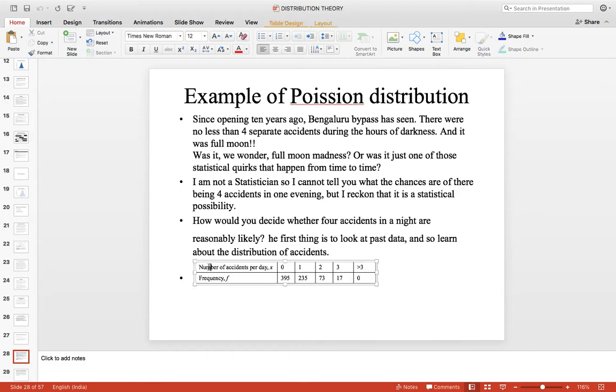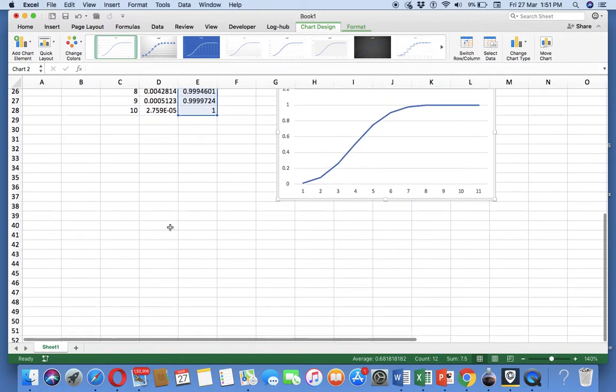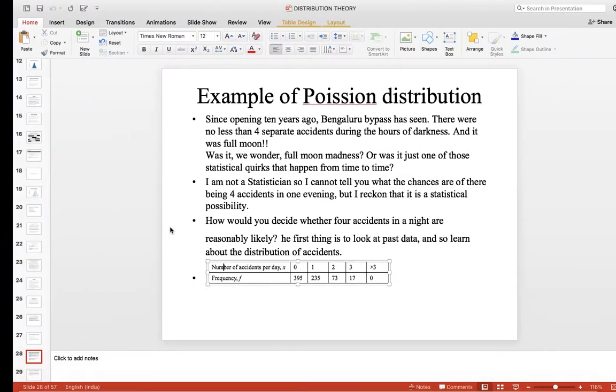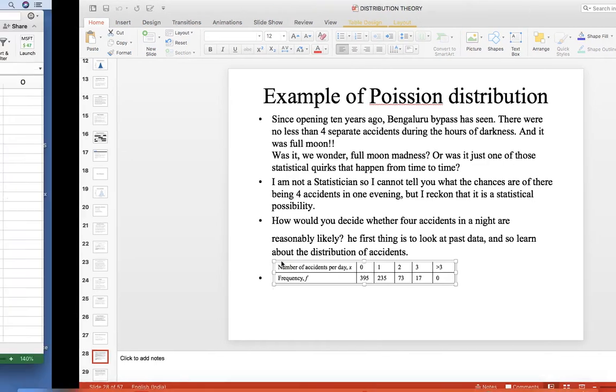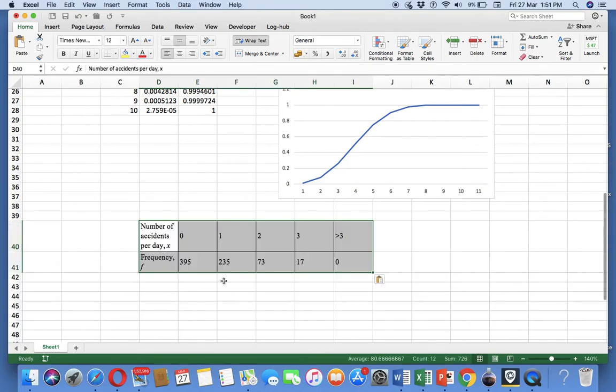So we take this data, and now we'll apply the formula of a Poisson distribution with this data. So this is the data.